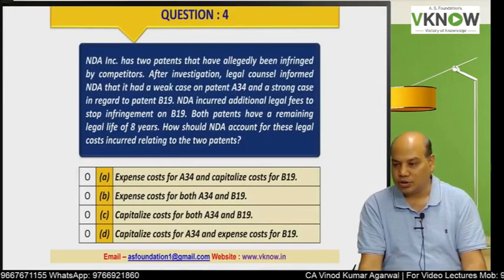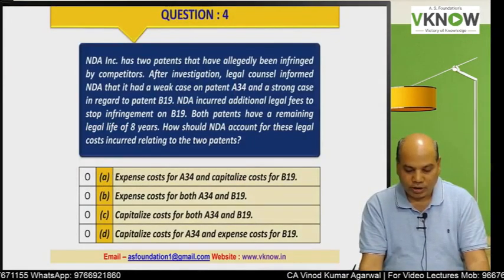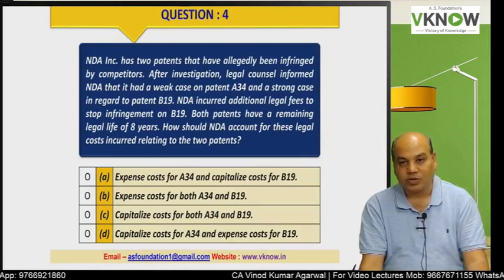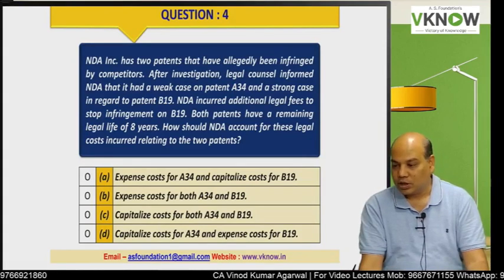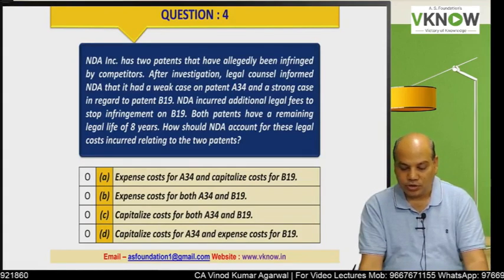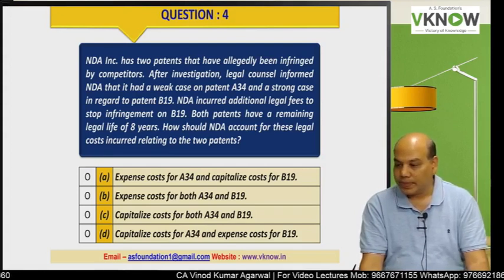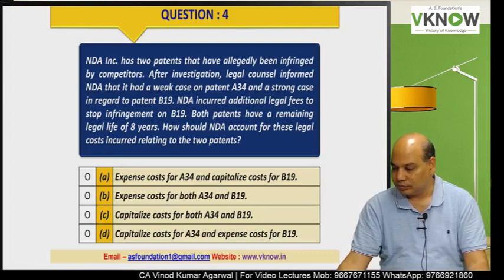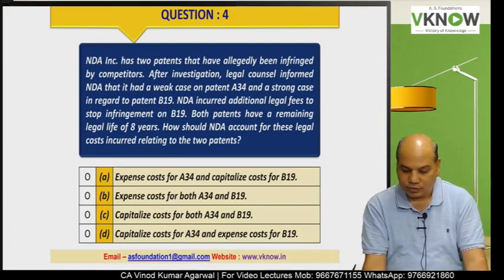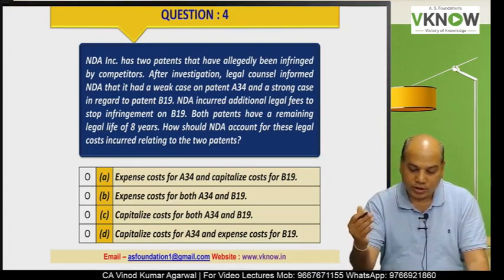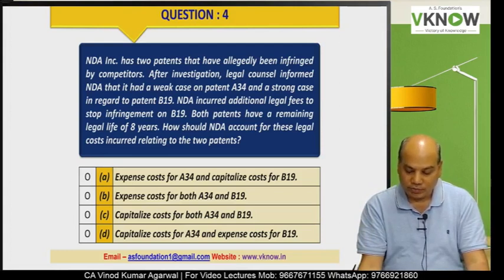Now we'll go to question number 4. NDA Inc. has 2 patents that have allegedly been infringed by a competitor. After investigation, legal counsel informed that it had a weak case on patent A34 and a strong case in regard to patent B39.